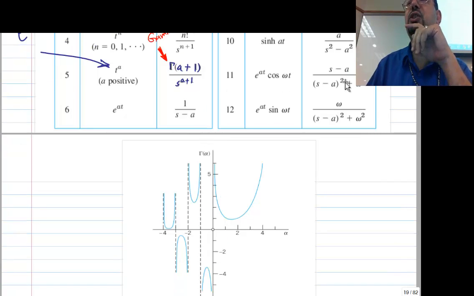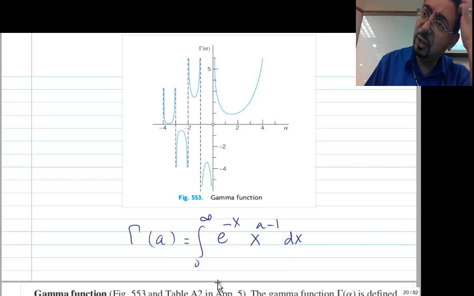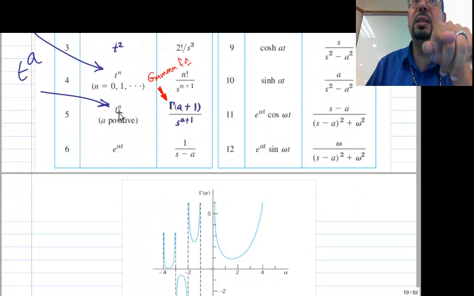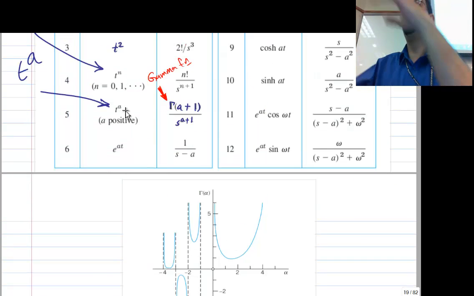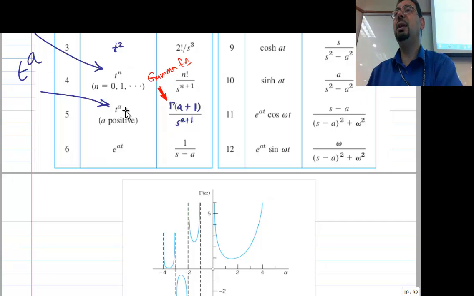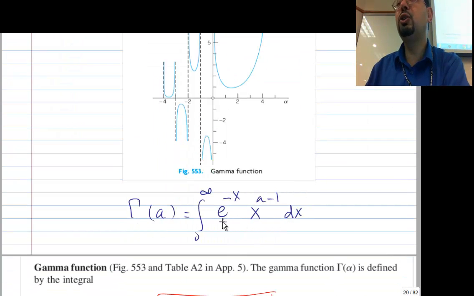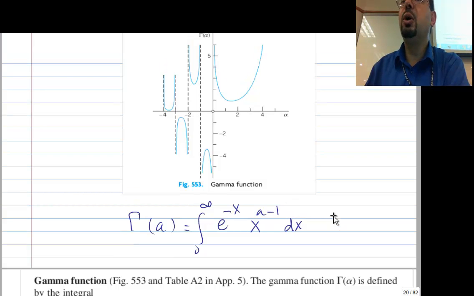So before we finish that table, what is the gamma function? When you put this t to the power a multiplied by e to the power minus st, it will look something like this: e to the power minus st times t to the power a.